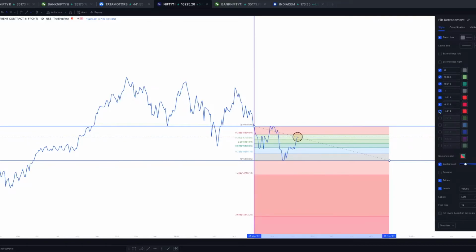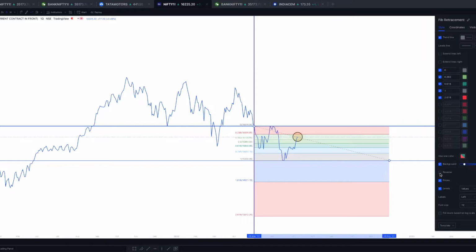You can select multiple ratios, but most probably in intraday, up to 1.618 should suffice. I have kept it for that much only. The rest is about the background.